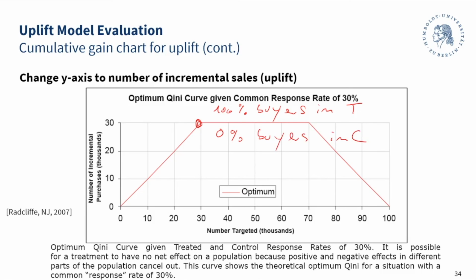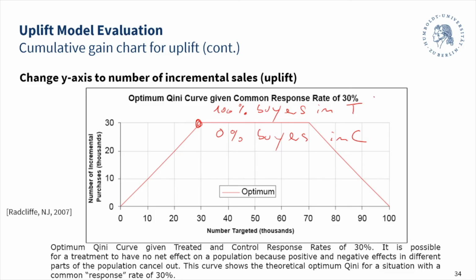Why 0% in C? And this is the thing, the uplift model tries to tell the behavior of treatment and control group customers apart. Because we assume they differ only by the effect of our treatment. And hence, this is the optimal point.